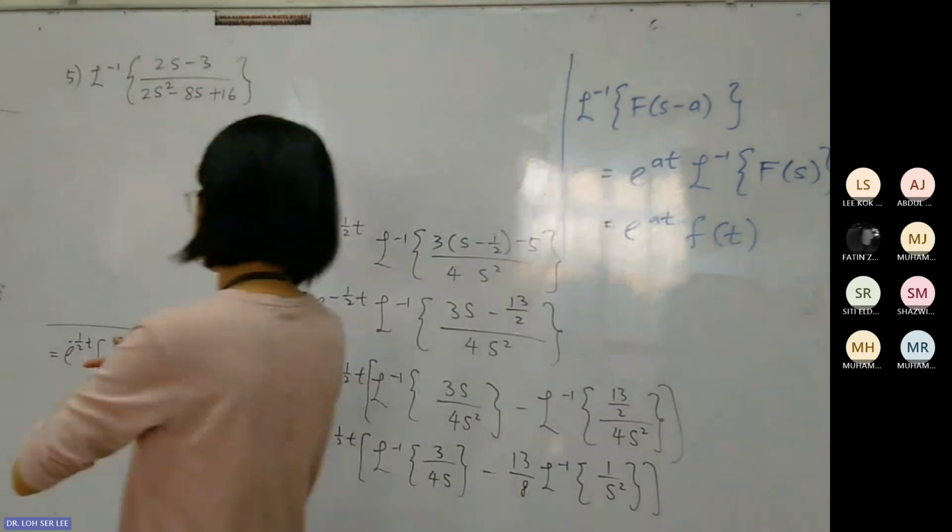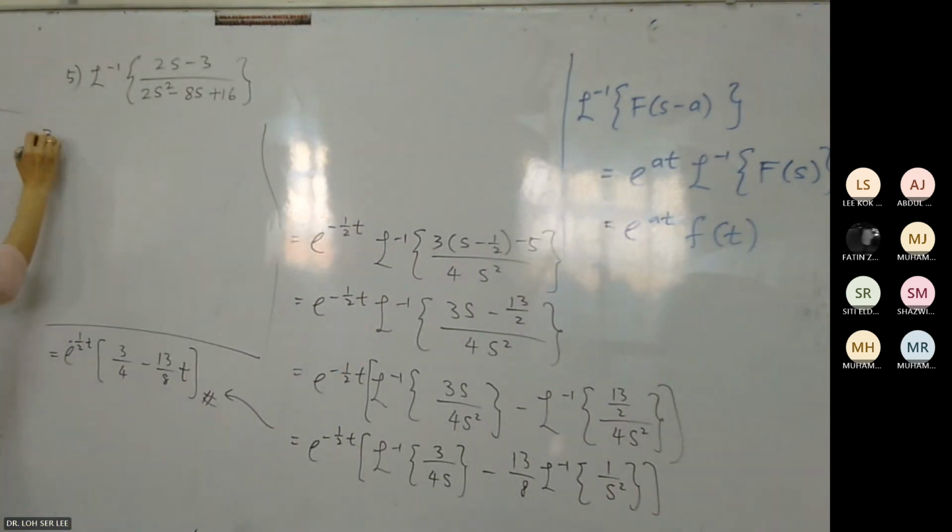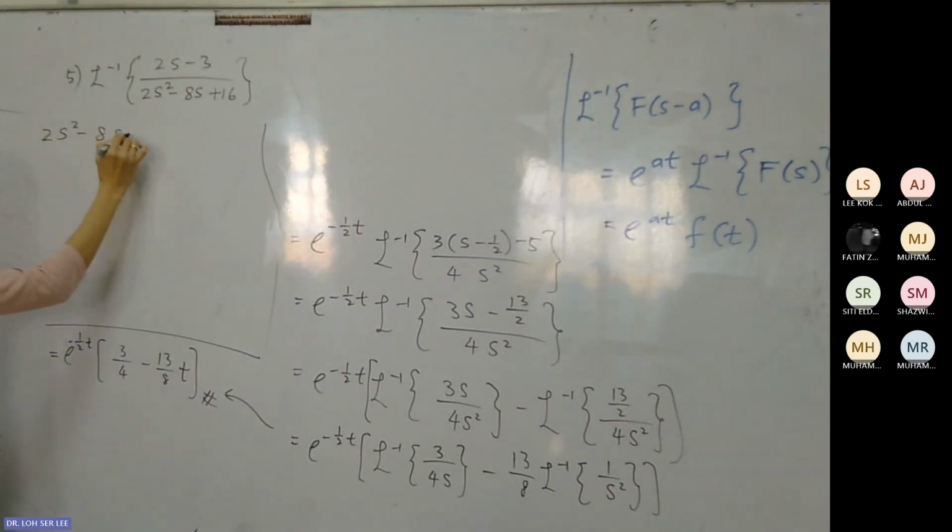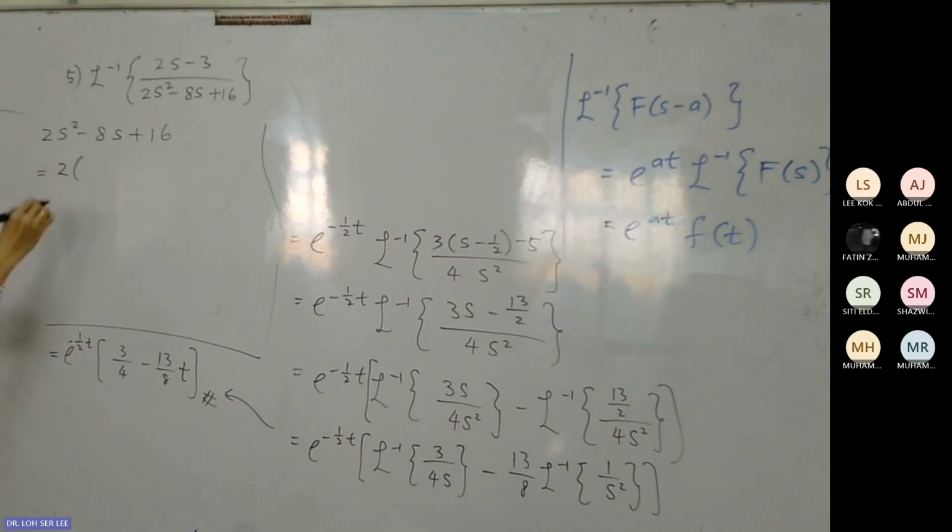Completing the square. 2s squared minus 8s plus 16. You have to factorize 2. Once you factorize 2, you have s squared minus 4s plus 8. Okay, then we start to complete the square for these two terms.